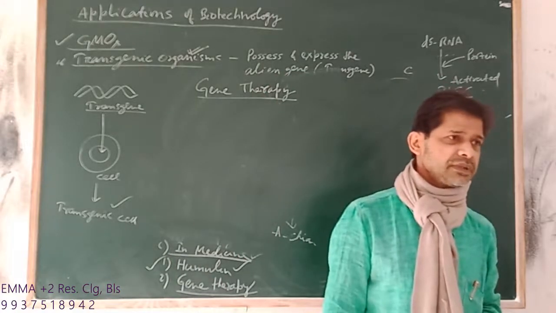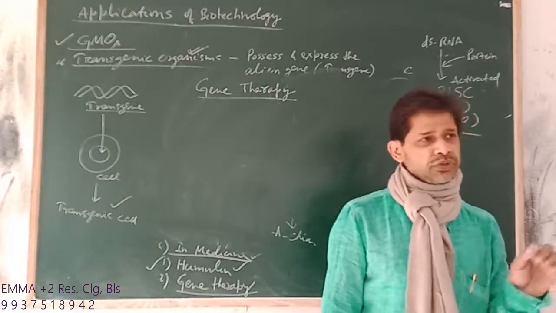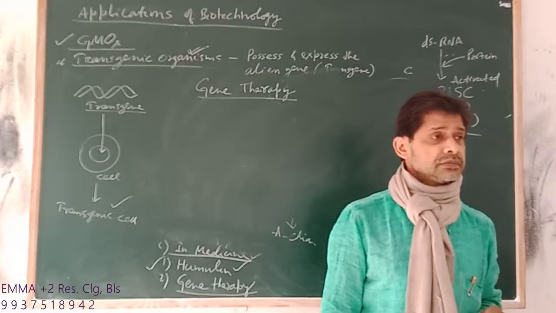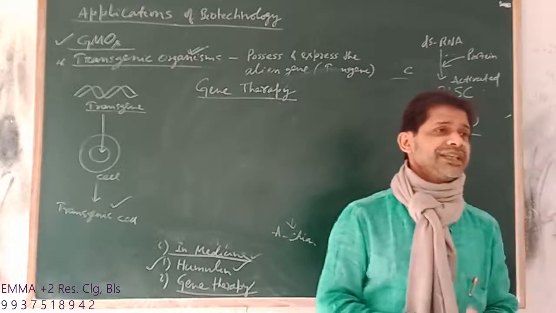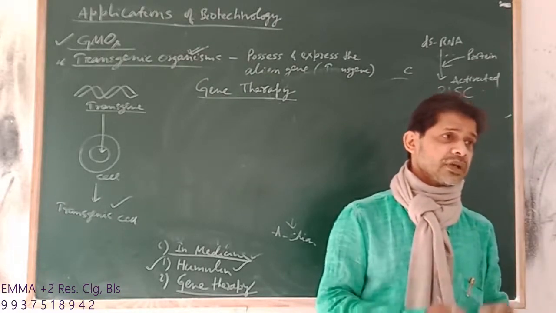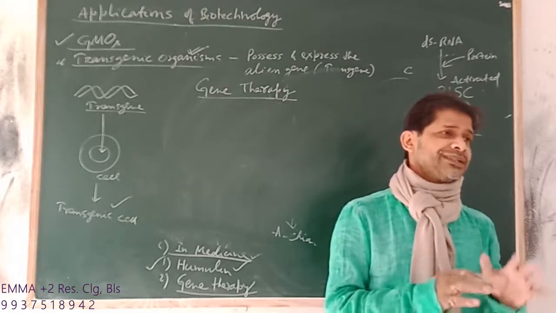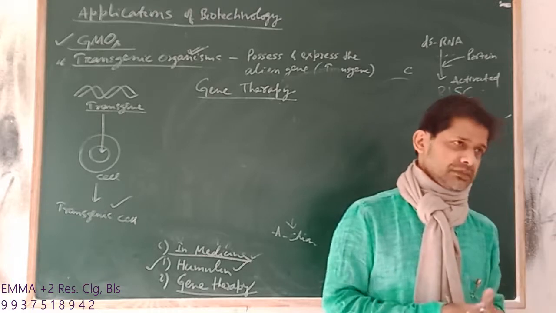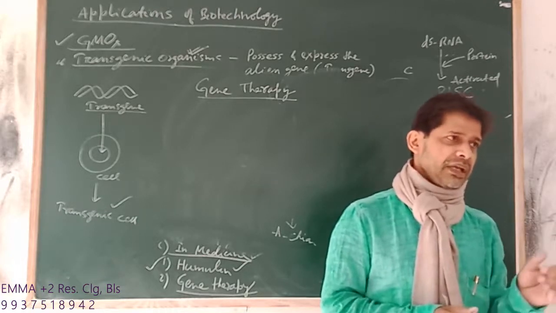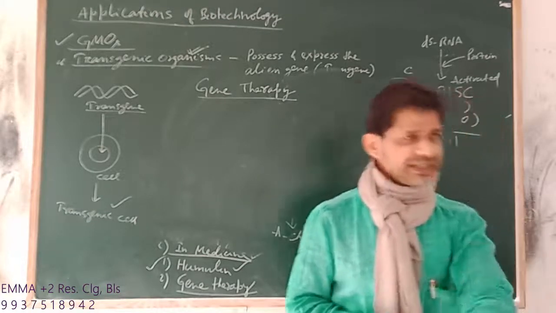That is gene therapy. Due to gene mutation, the person is getting affected. That genetic disorder cannot be corrected by drugs at all. So that genetic disorder can be treated by genetic engineering technique.